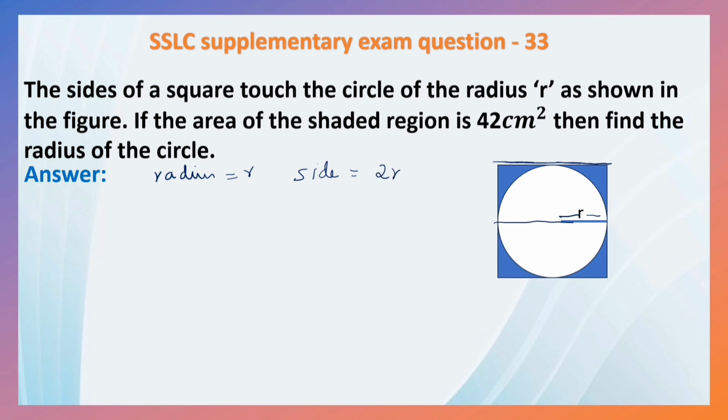It is given that the area of the shaded region is 42 cm square. By looking at the figure, we can say that the area of the shaded region is equal to the area of the square minus the area of the circle.